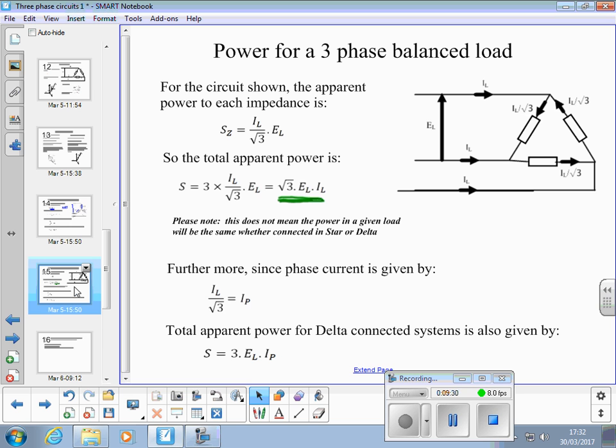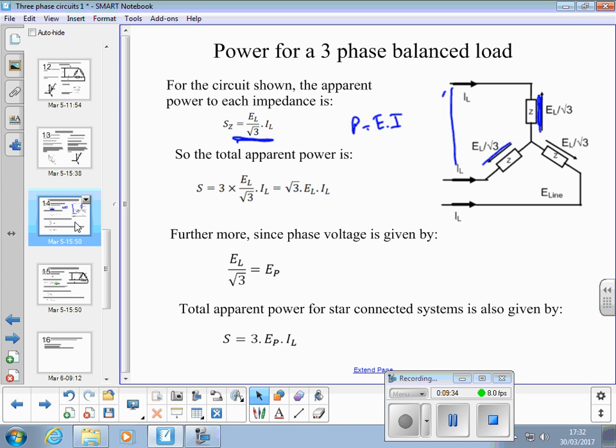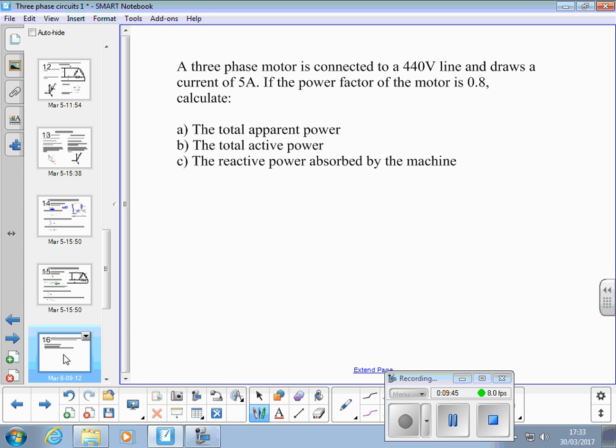S is 3 times EL times IP. S is 3 times EP times IL, which is the same thing. So we can get to it from that, can't we?